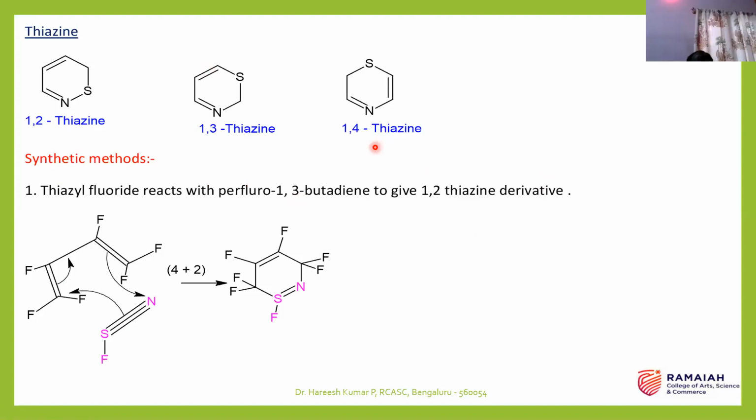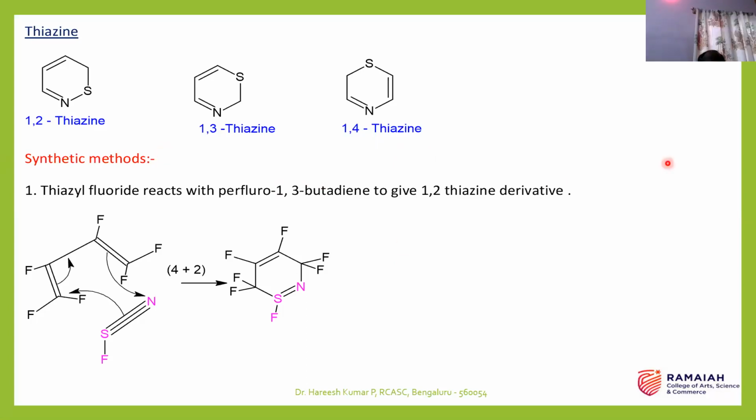Okay, so in our last class, we discussed the thiazines, more particularly 1,2 thiazines, 1,3 thiazines, and 1,4 thiazines. The important thing you need to remember is that adjacent to the sulfur there is a partially saturated carbon.